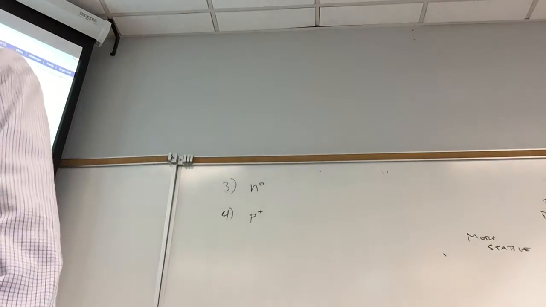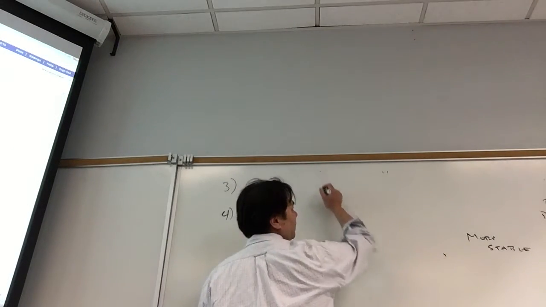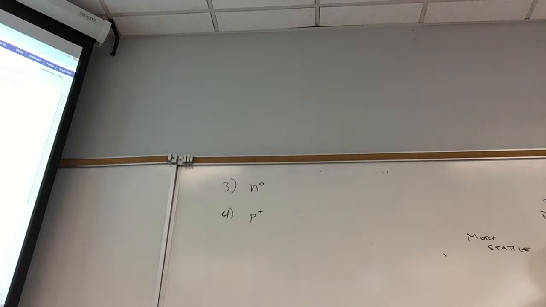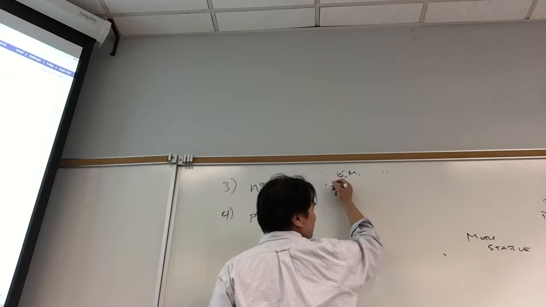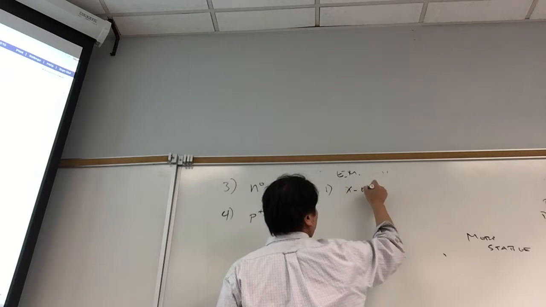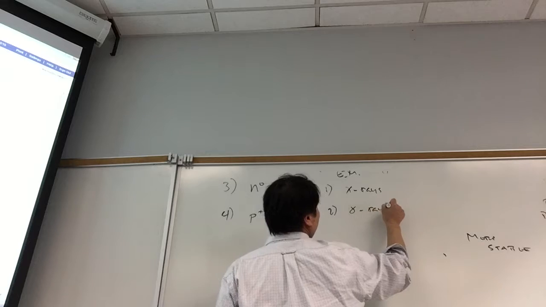As far as electromagnetic radiation, EM radiation, what types of radiation do you see? If we look at electromagnetic radiation, then there's just two that we concern ourselves with. The first one would be X-rays, and the second one, gamma rays.